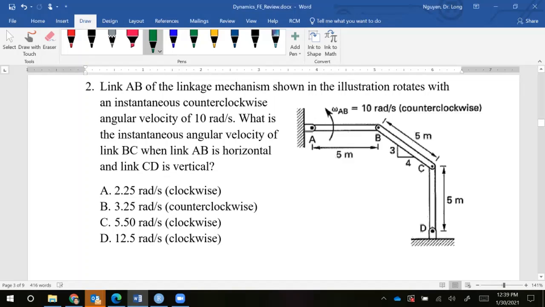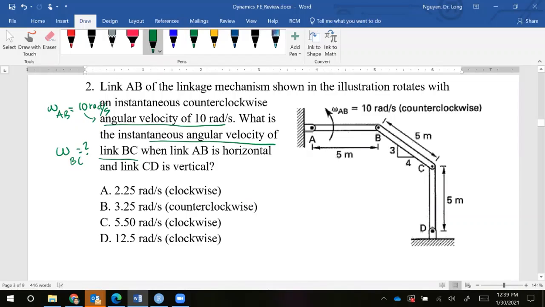So this is the question asked. What is the angular velocity of BC? The question here is omega BC. And they give us the angular velocity of link AB, so we have omega AB equal to 10 radian per second.